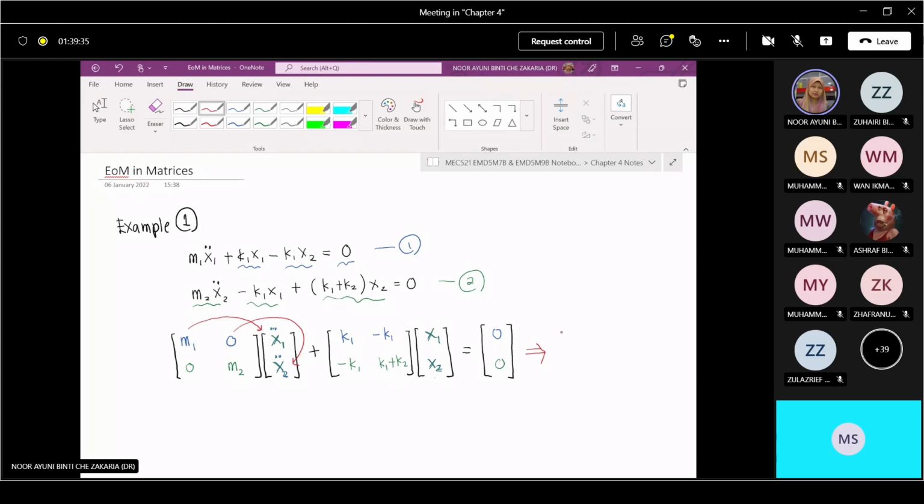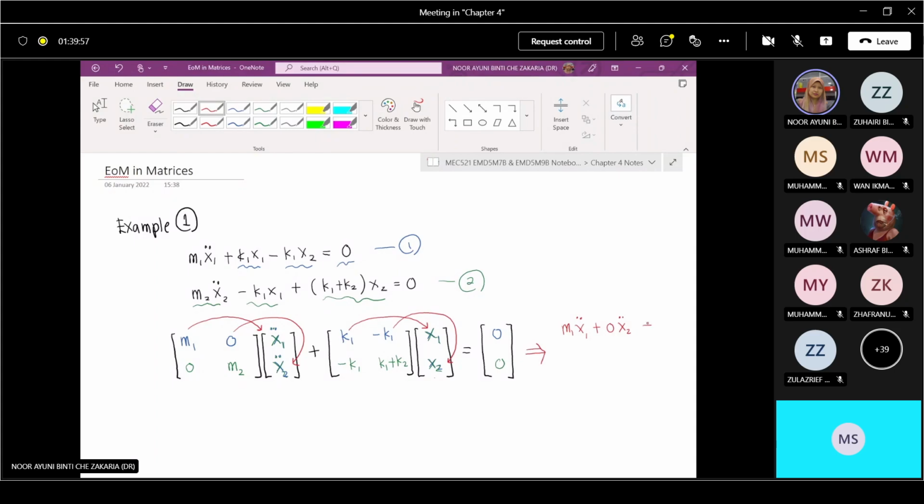So you get M1 X1 double dot times 0 X2 double dot. Okay, and then K1 times X1, negative K1 times X2.